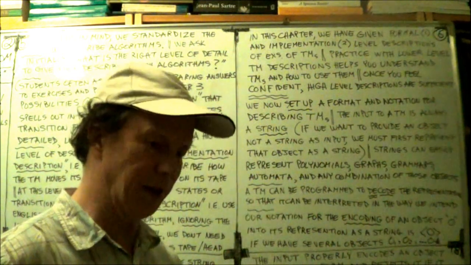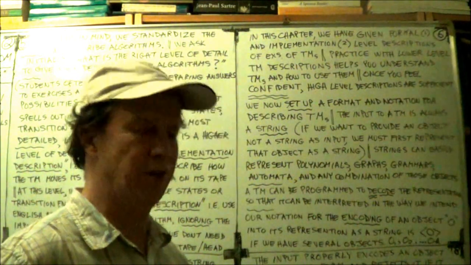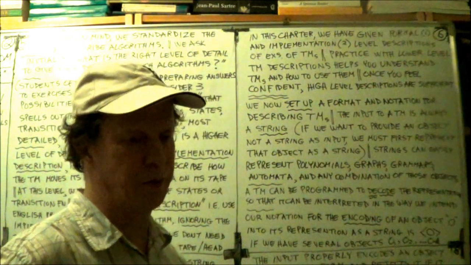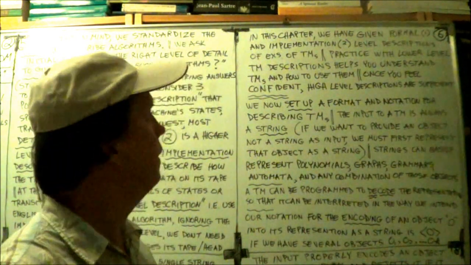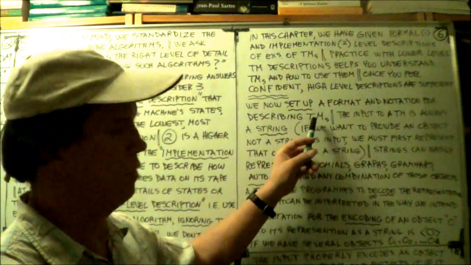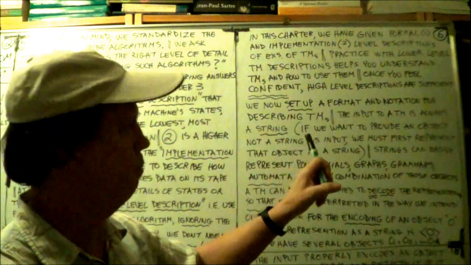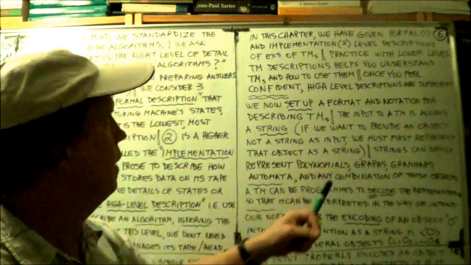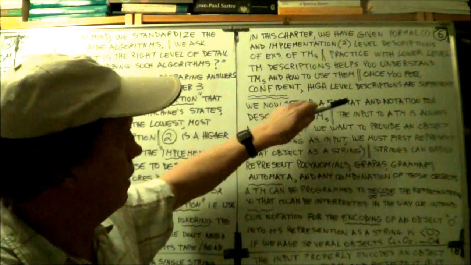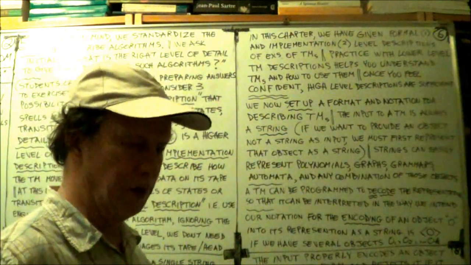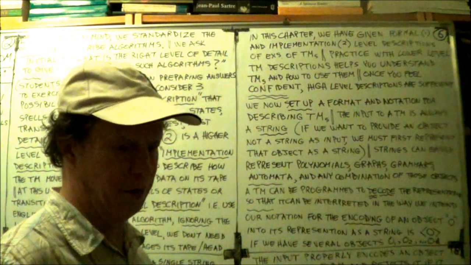Because, as I keep saying, think of an algorithm as a Turing algorithm. It's an algorithm implemented by a Turing machine. So in describing the Turing machine, you're describing the algorithm and vice versa. Pretty well synonymous. Okay?